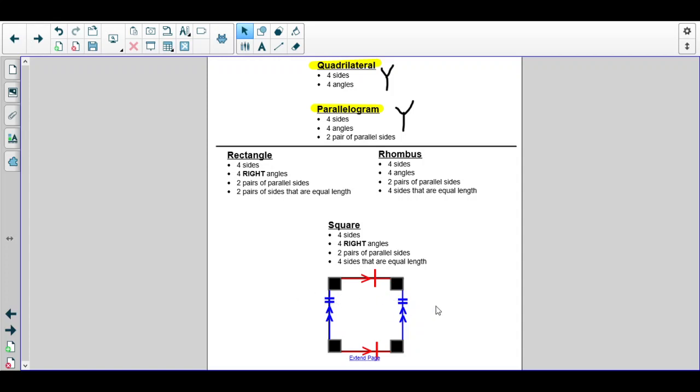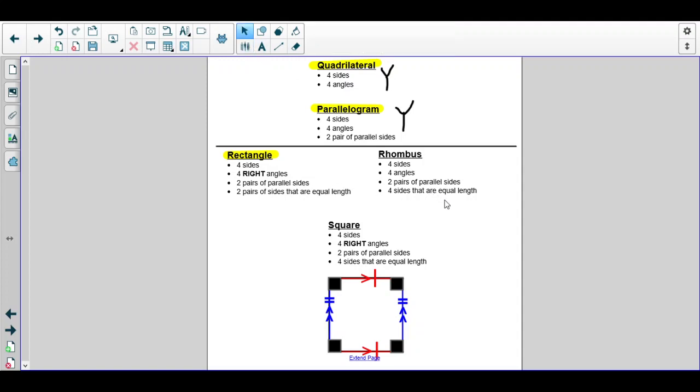The two blue sides we will have with the two hash marks, and then the two red sides, those equal the same. So let's get here. We've got our four sides, four right angles, two sets of parallel sides, and two pair of sides that are of equal length. So what do we have right here? We have a rectangle.